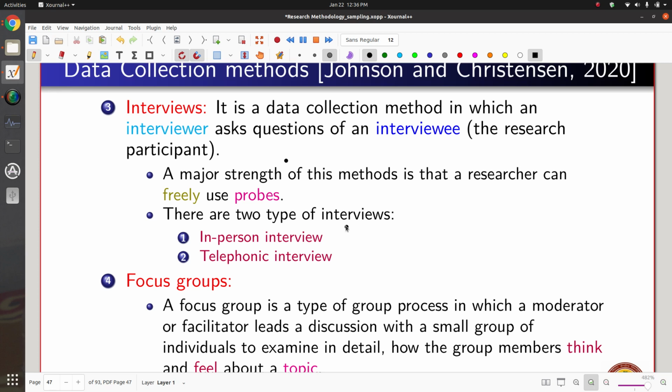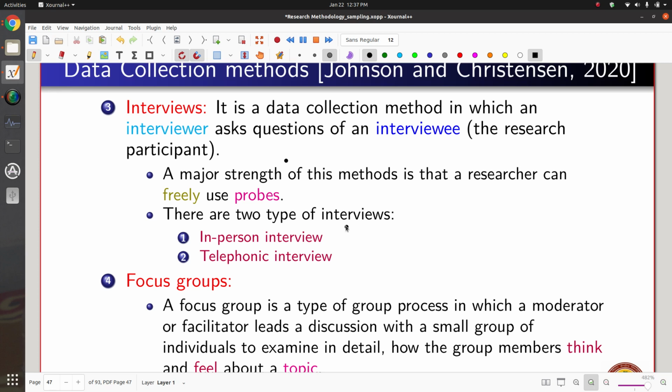Okay, now let's talk about another kind of data collection method that is called focus group. In a focus group, suppose you have a topic on which you are doing some study and you want to have some data on that topic. So one way is to have a focus group.